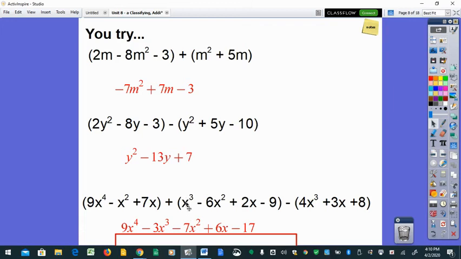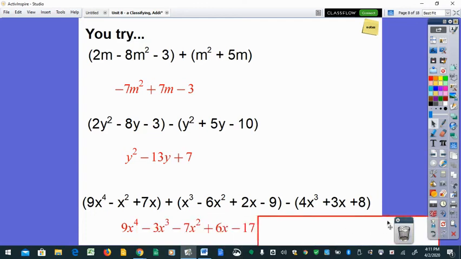I went out of order. The x to the third minus 4x to the third is the negative 3x to the third. And a 7x, add it to a 2x, would be a 9x. Take away the 3x is where the positive 6x is coming from. And a negative 9 minus an 8 gives you the negative 17.